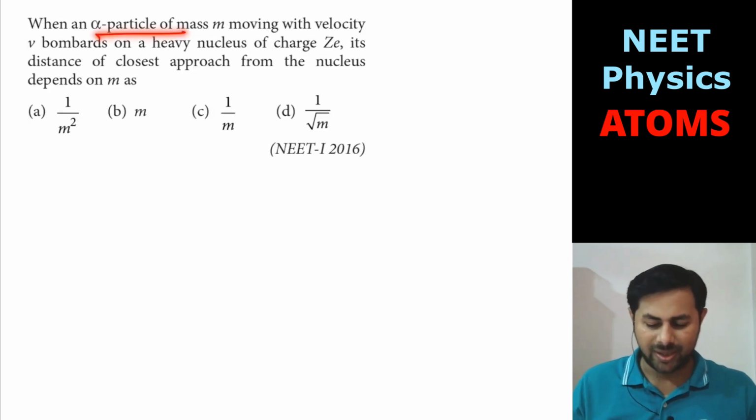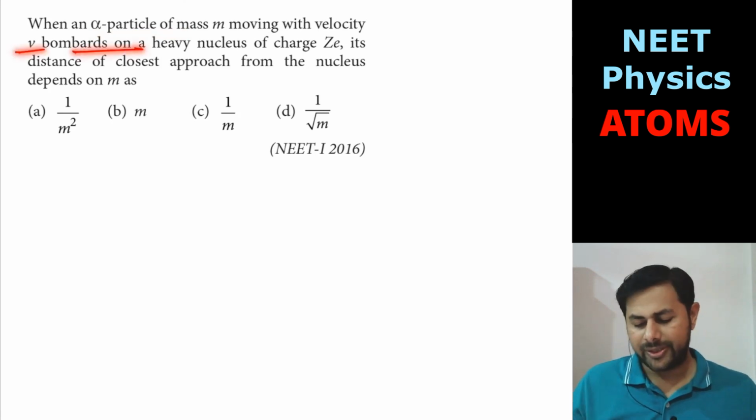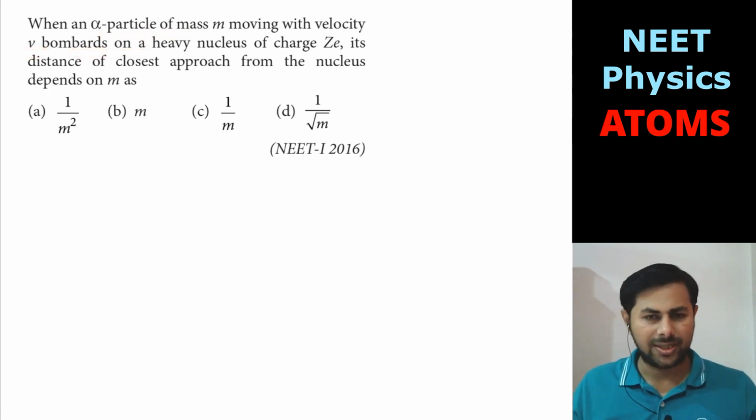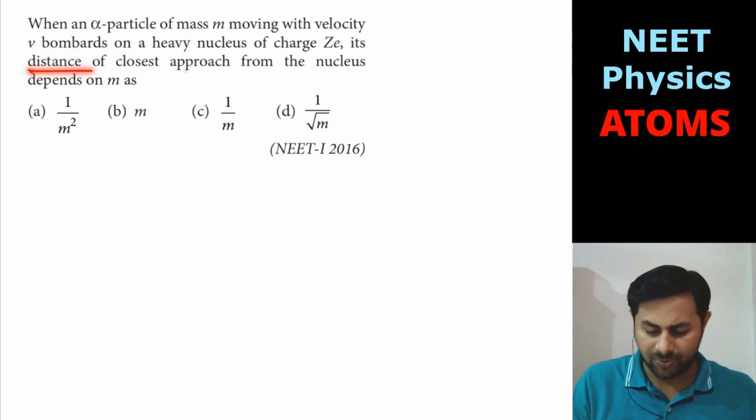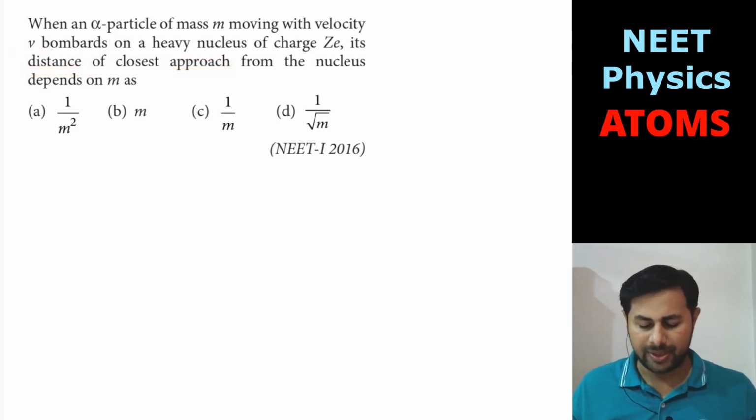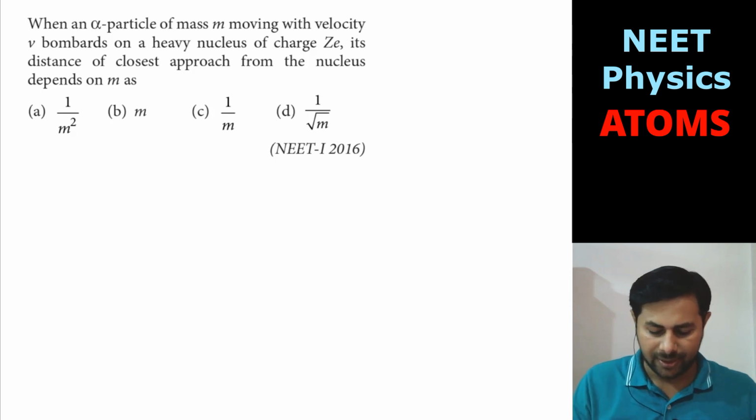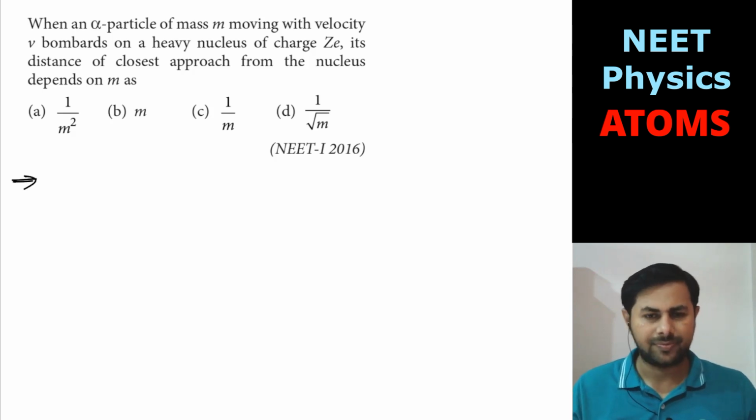When an alpha particle of mass m moving with velocity v bombards a heavy nucleus of charge Ze, its distance of closest approach from the nucleus depends on m as. Tell me which one is correct. Option C, right.